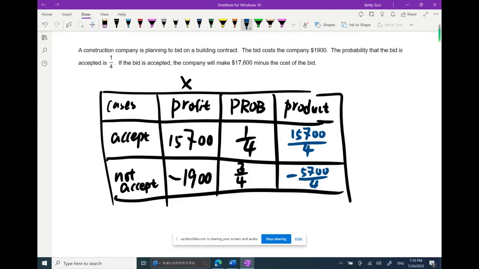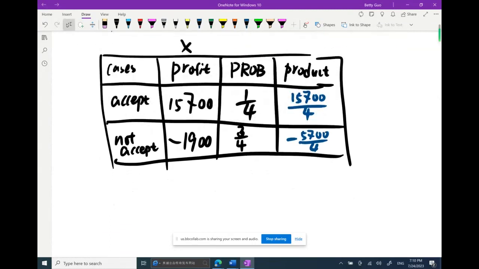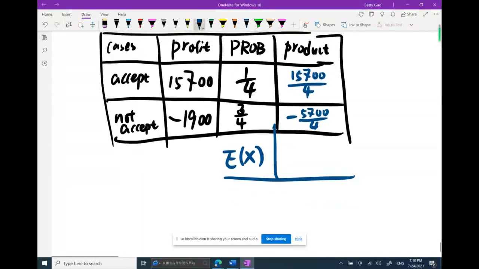5,700 over 4. And then we are going to add up the 2 probabilities to have our expected value. All right, so we have 2,500.